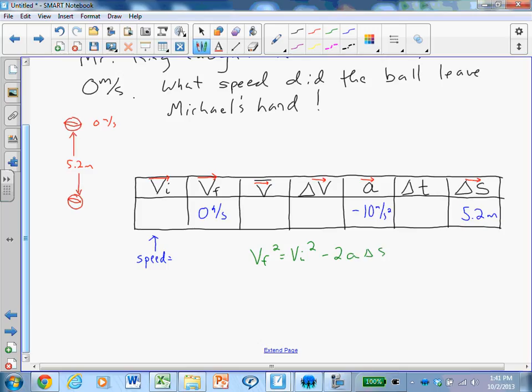So we would get minus VI squared, because that would be 0 bringing it over. And we'd have VI squared equals 2 times minus 10 meters per second squared times 5.2 meters.